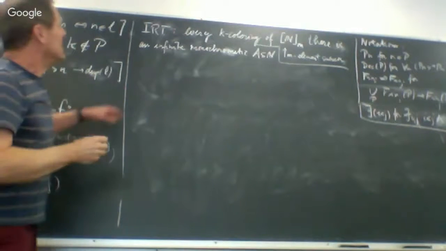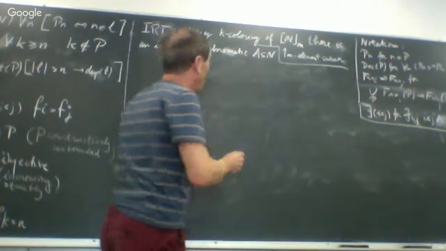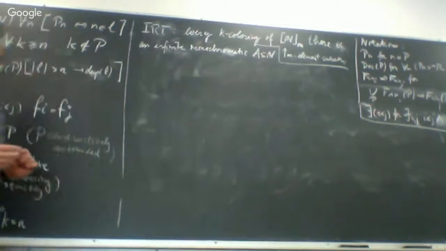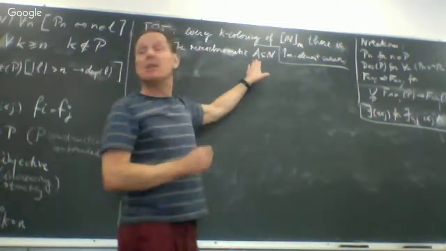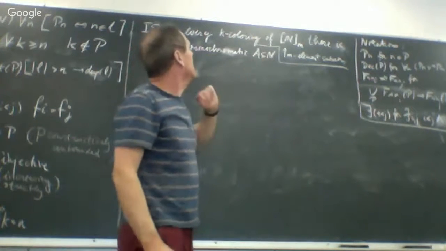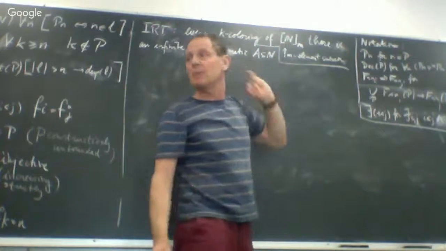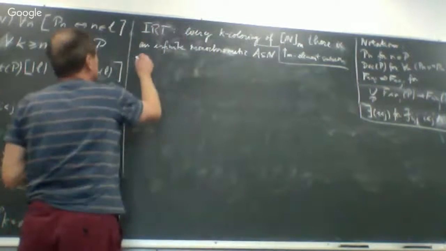That means that all the m element subsets with the elements taken from A have the same color in the coloring.